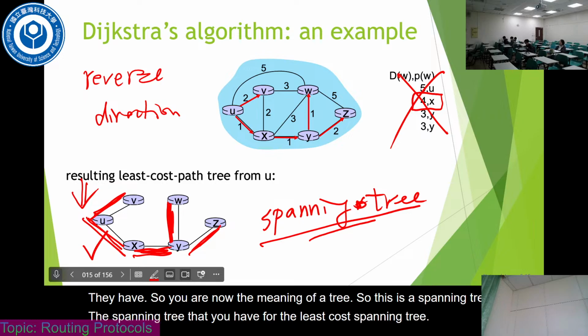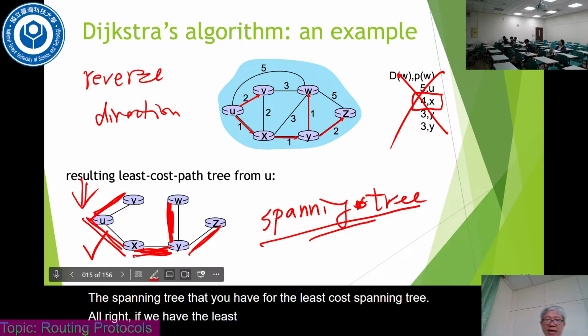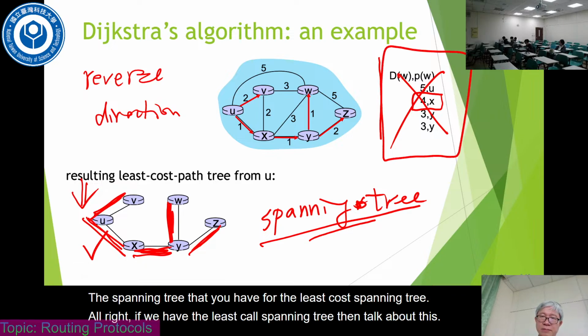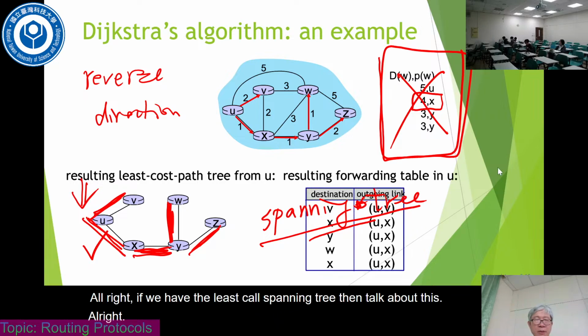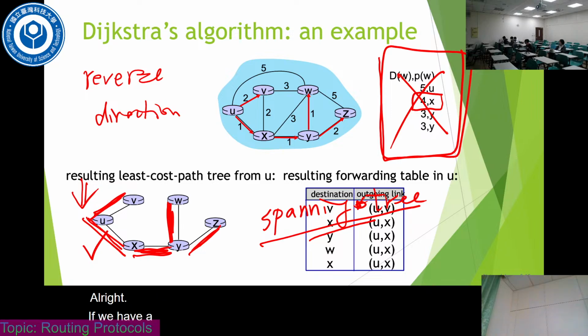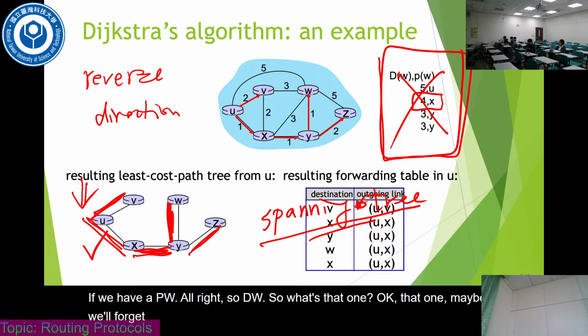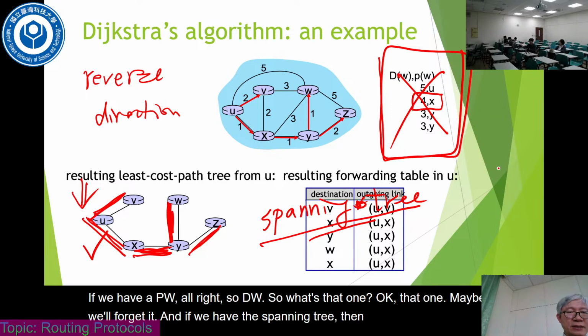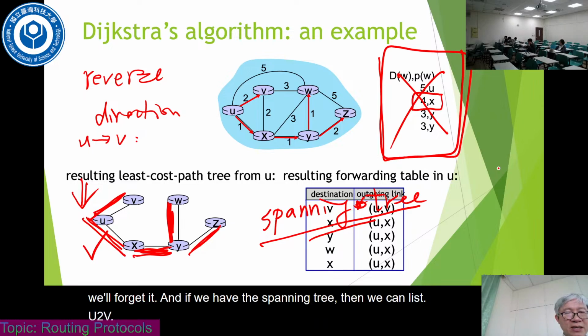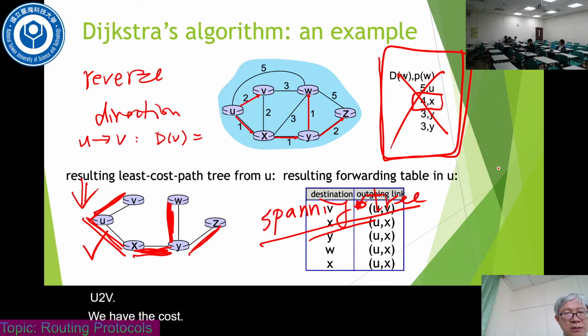If we have the least cost spanning tree, then we can list U to V, and we have the cost. Oh, sorry, it should be 2.